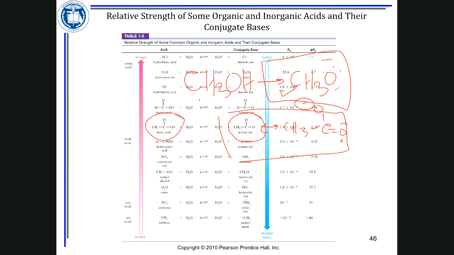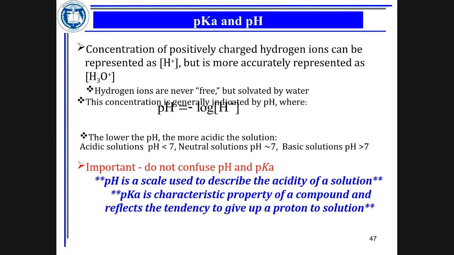If you look at the pKa values, for methanol it is 15.5, which I approximated as 16, but for acetic acid it is 4.74. Lower pKa means stronger acid, and methanol has the greater pKa. The reason is the resonance of the conjugate base. So that's one of the factors: the more stable the conjugate base, the stronger the acid is going to be.